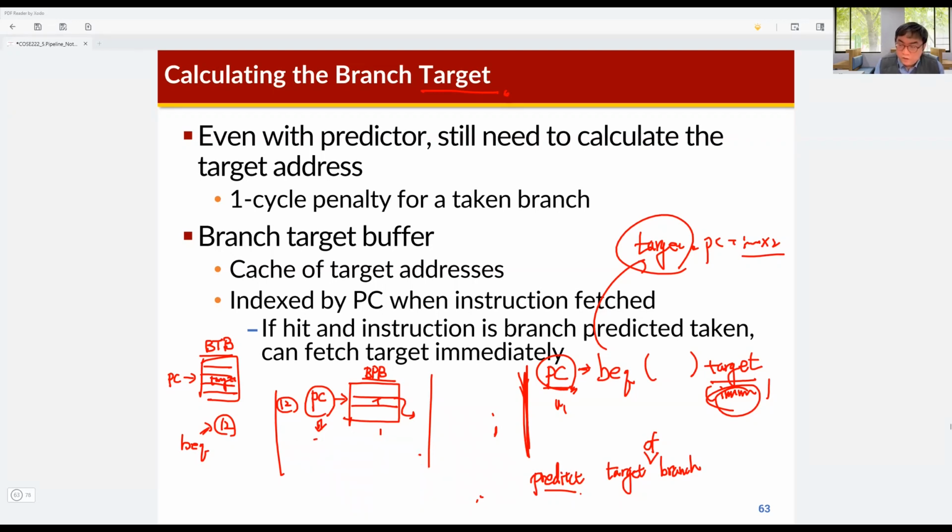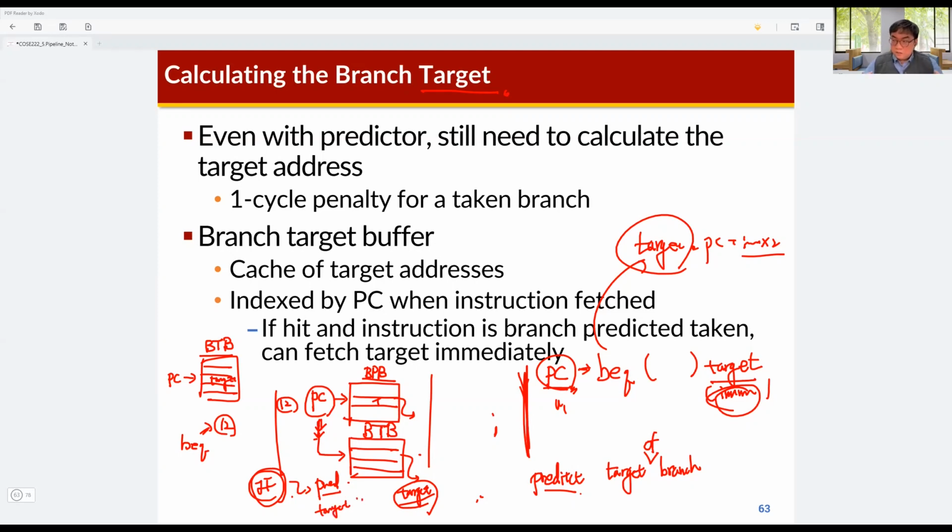In the instruction fetch stage, with the PC of the branch, we also access the branch target buffer with the PC of the branch instruction. Then we can get the target of the branch instruction. So at the instruction fetch stage, we can predict the result of the branch instruction and we can know the target of the branch instruction.